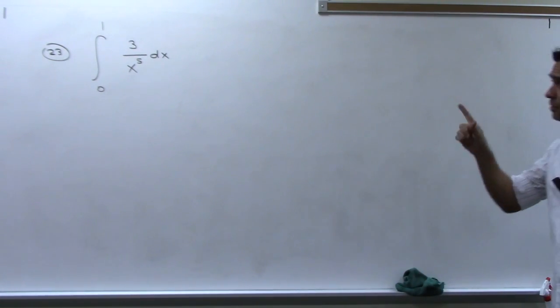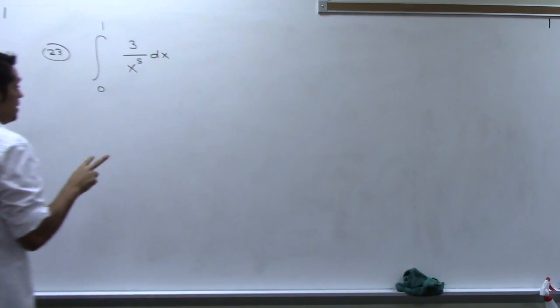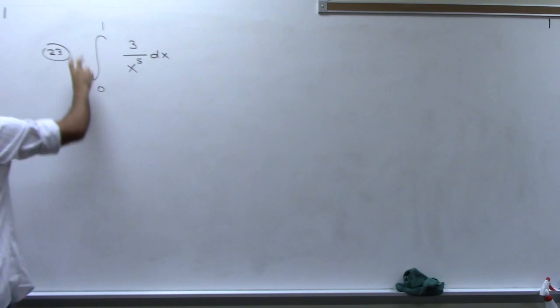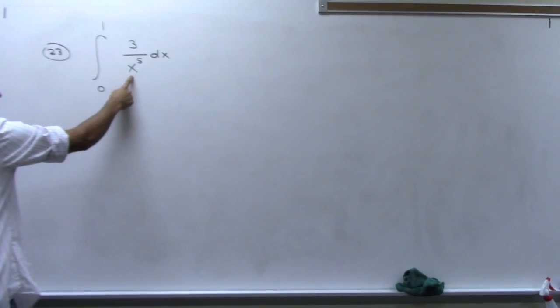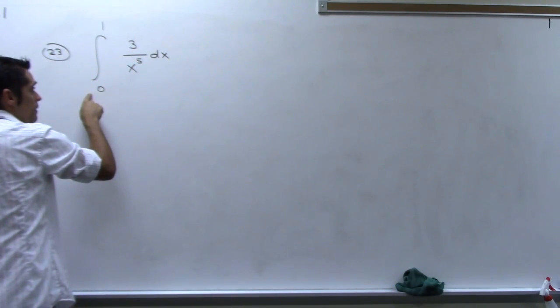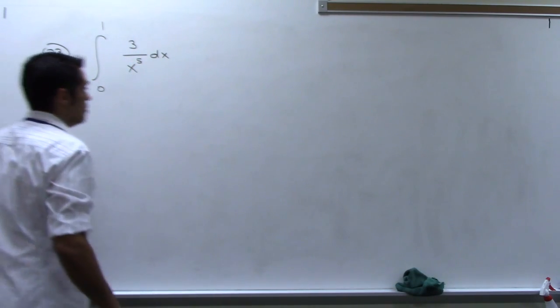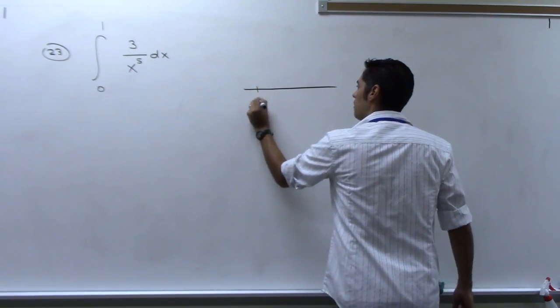All right, so this is the first one I've done so far that's the type 2, because neither one of these are going to infinity. And we do have a discontinuity. If x is 0, then this isn't defined, but 0 is part of my interval. So when we're looking at this, my interval goes from 0 to 1.